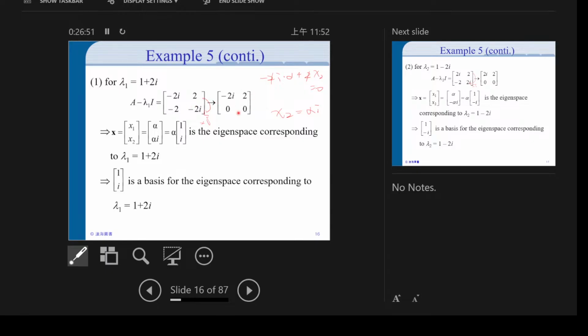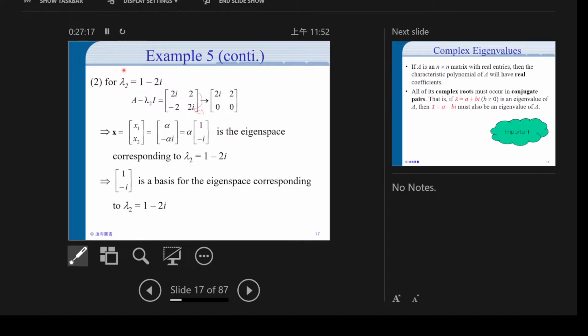We solve for x1 as a vector inside the null space, and it's alpha times 1, i. So corresponding to lambda 1 equal to 1 plus 2i, we have this complex eigenvector x1 equal to (1, i). Then corresponding to lambda 2 equal to 1 minus 2i, we have x2 equal to (1, minus i). So we see that we have these complex eigenvectors.